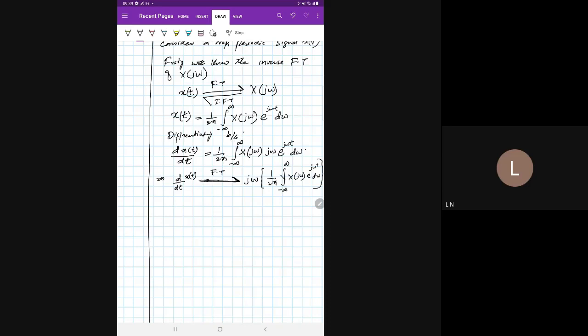So I can conclude that once we take the Fourier transform of d by dt of x of t, I will obtain j omega times X of j omega.